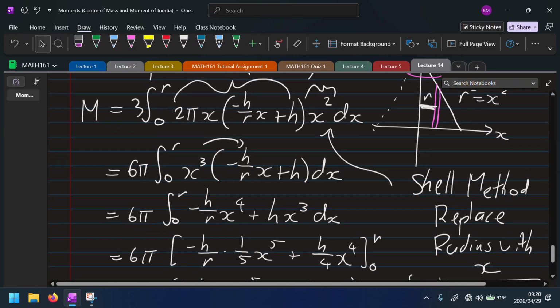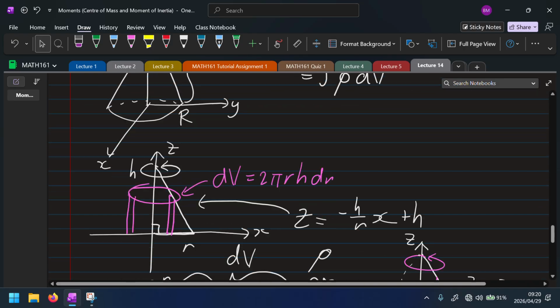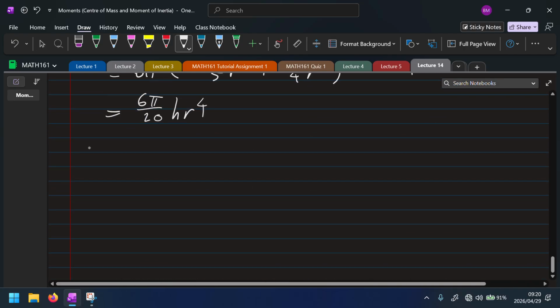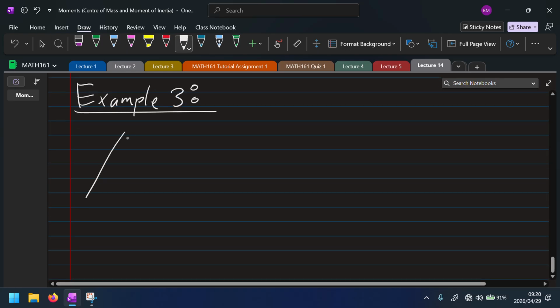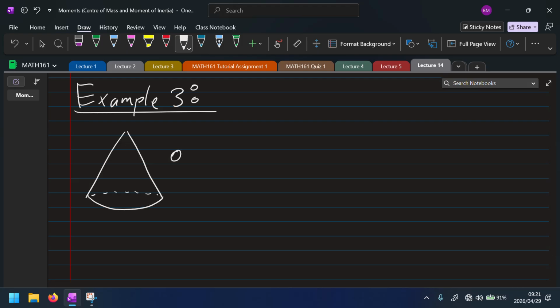All good. Okay. So example 3, that will be for homework. You can try this out. Okay. So we have the same sort of thing. We've got a cone. The rho equals 1 minus z, where we have a height of 1 and a radius of 2.